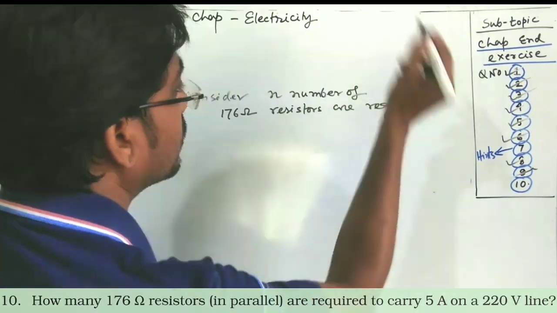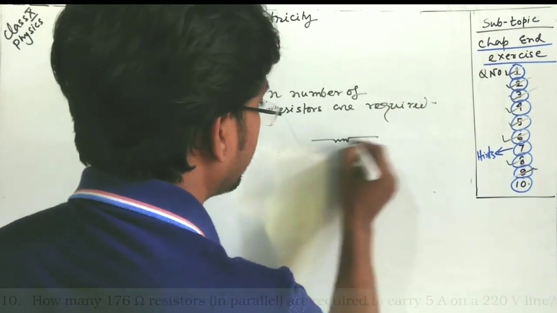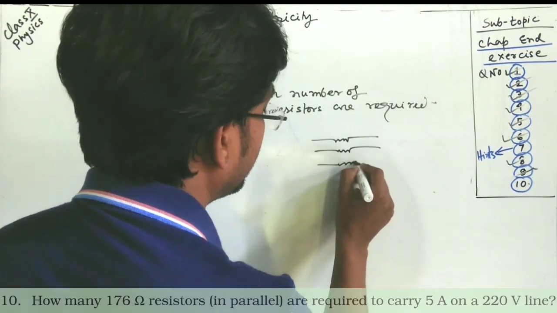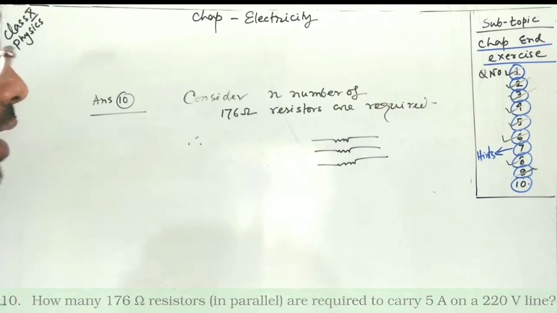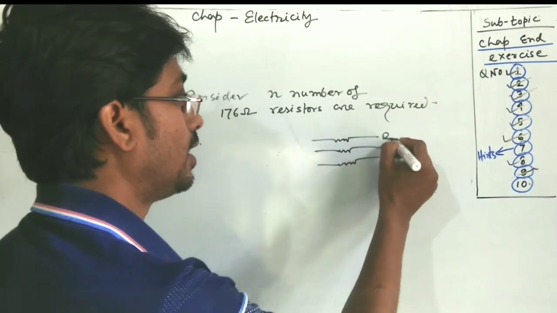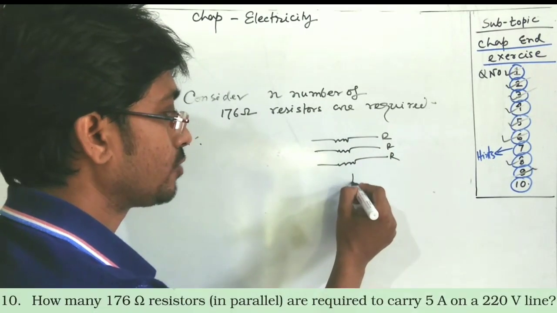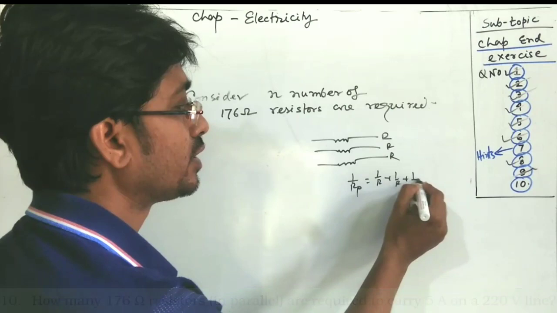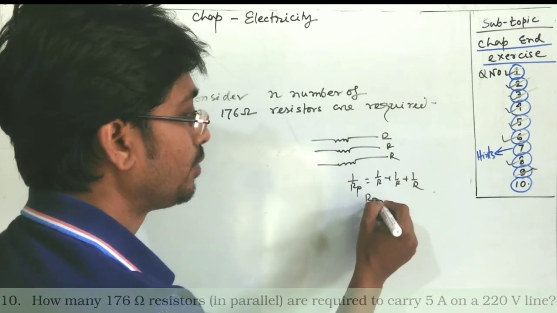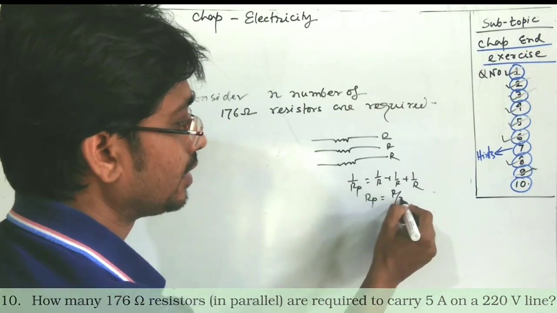Okay, then we know if they are connected in parallel, then what will be the equivalent resistance? 1 by Rp is equal to 1 by R plus 1 by R plus 1 by R. So actually it will be Rp is equal to R by 3.